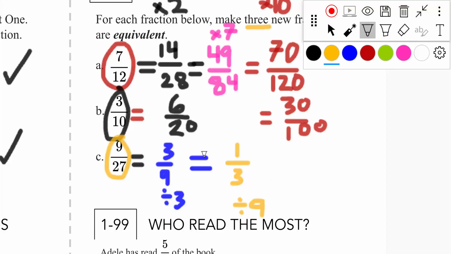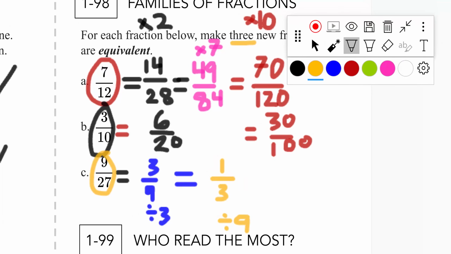So remember, you don't always just multiply fractions. You can also divide fractions to get smaller and reduced answers. Otherwise, you can make them extremely huge fractions if you wanted to by multiplying by numbers like 10 or even 100. So this would be another equivalent fraction.